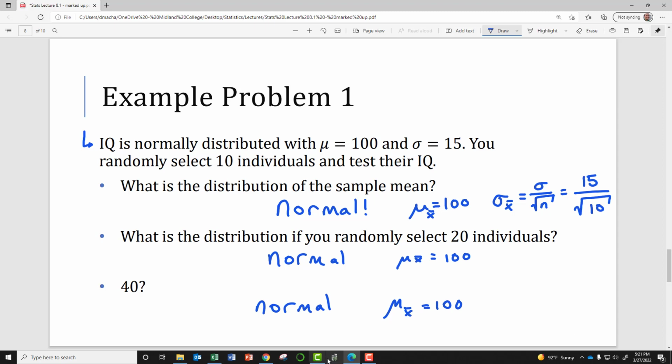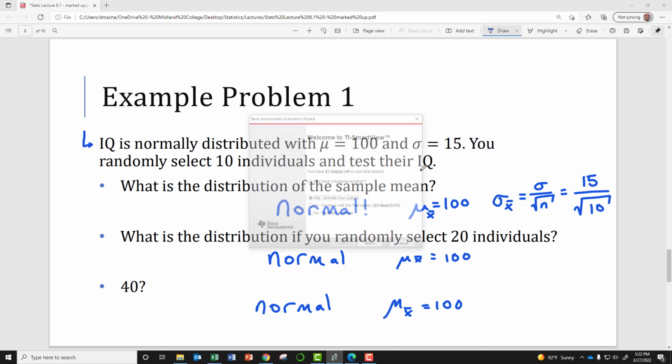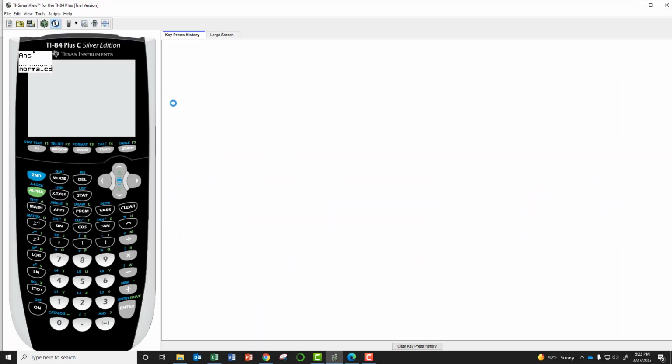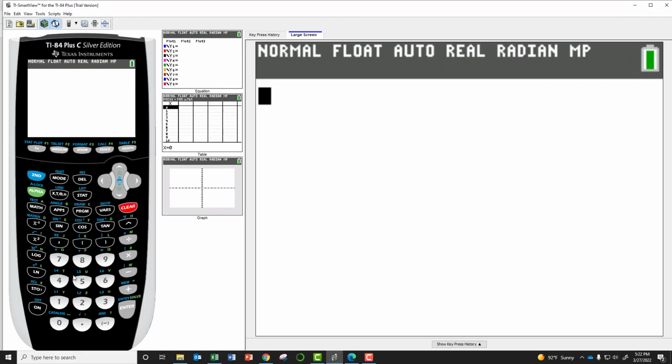And I'm going to pull up a calculator so we can actually figure out what 15 divided by square root 10 is. Well, square root 10 is just a little bit more than square root of 9, so it's just a little bit more than 3. And 15 divided by 3 would be 5. So this is a little bit less than 5, I think.